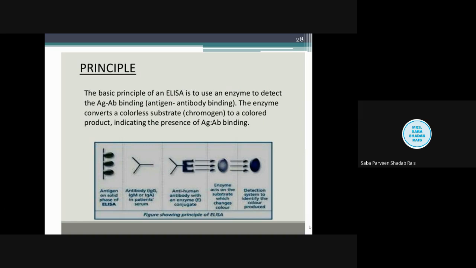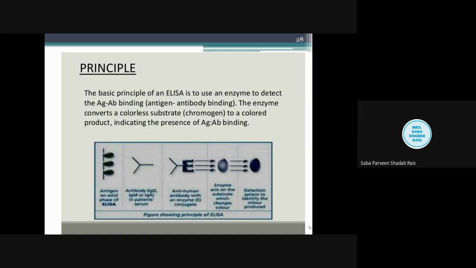Now where is the detection done? This colored substance we always observe in the spectrophotometer. There is a very special type of spectrophotometer in which we keep this micro tray or ELISA plate, and there we read the intensity of the color, and each well is counted.